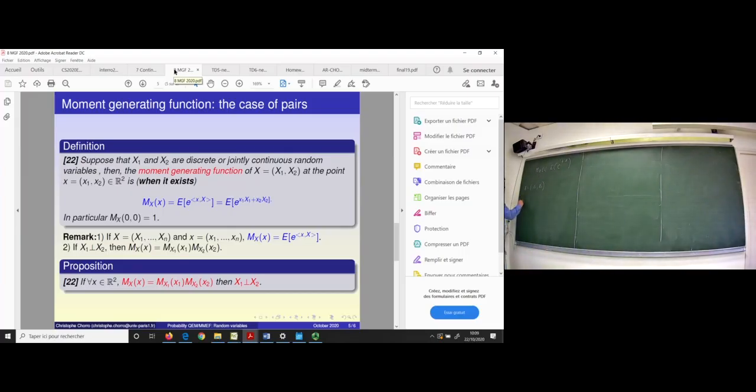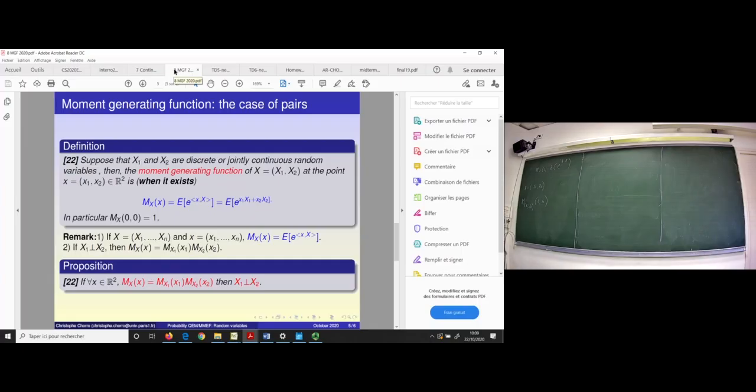So it will be a mapping depending on two variables. The moment generating function of a single variable is a mapping depending on t. The moment generating function of a pair will depend on two variables that I will denote, let's say, t and s.